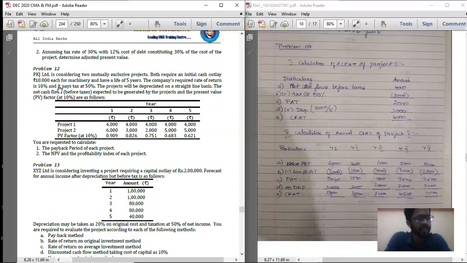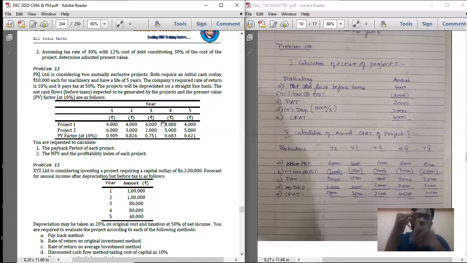See, they have given net cash flows before tax. You just understand this concept. Net cash flows before tax will always be calculated after deducting depreciation. Net cash flows before tax is nothing but profit before tax, PBT. PBT is always calculated after deducting depreciation from the PBDIT. PBDIT means profit before depreciation, interest and tax.